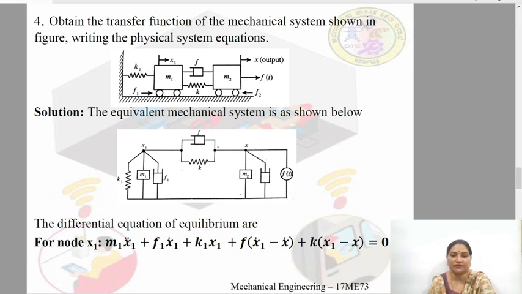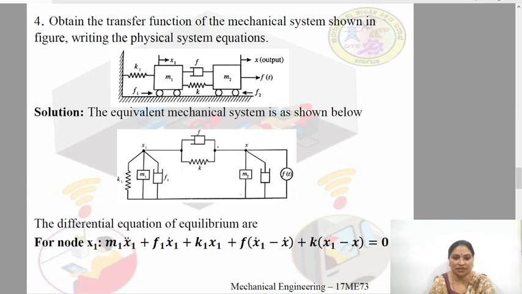We can observe in the figure that F of t is the force applied on the mass m2 to cause the displacement x. We can also see that there is a force F2 which is trying to restrict the motion of the mass in the forward direction. Now we shall try to write the equivalent mechanical system after analyzing all these terminologies. The equivalent mechanical system will be as shown in the figure below.